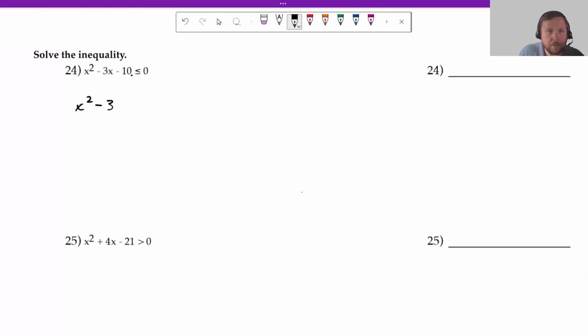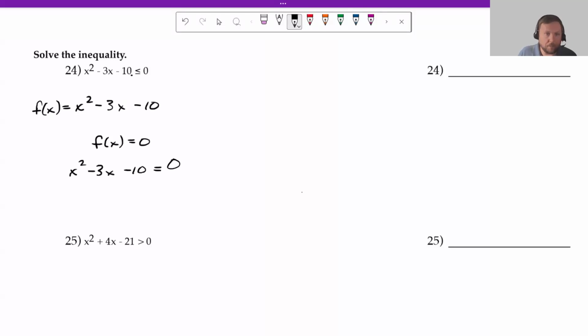So I'm going to think of this as f of x, and I'm just going to figure out when this is 0. If we were graphing it, it's the same thing as finding the x-intercepts. So -5 and +2 will do that for me. So I get x equals 5 and x equals -2.